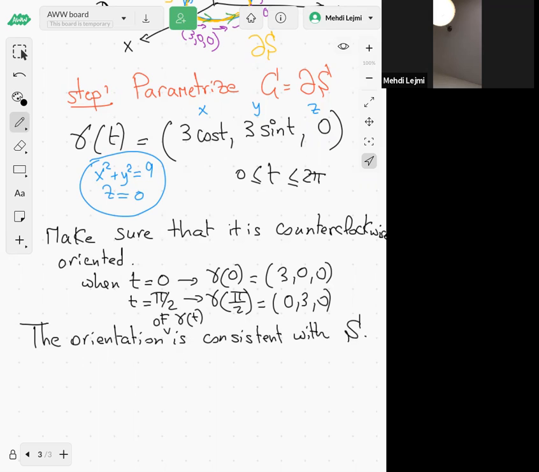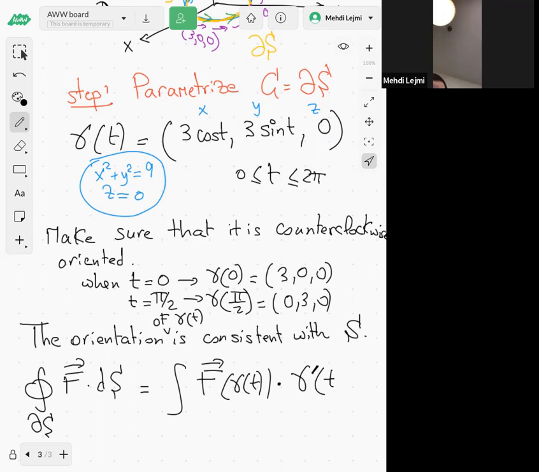All right, so now we can just compute this. We know how to compute this vector line integral of F dot ds. It's F of gamma of t, scalar product with the derivative gamma prime of t, dt, with t between 0 and 2 pi.